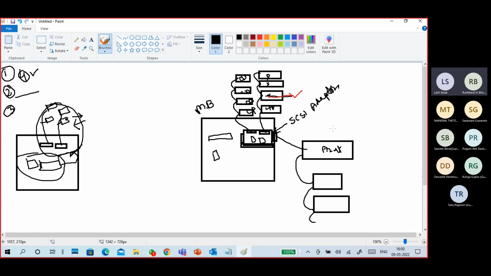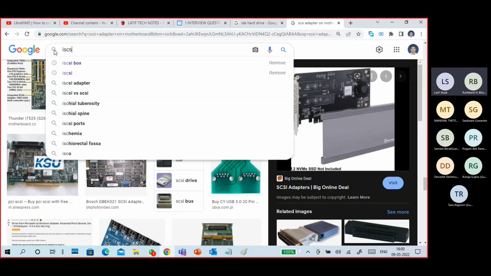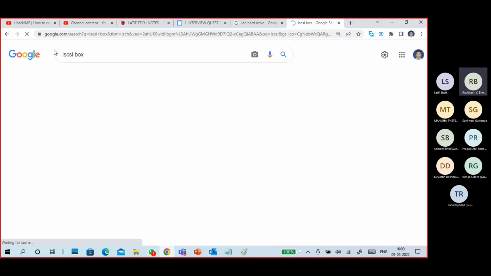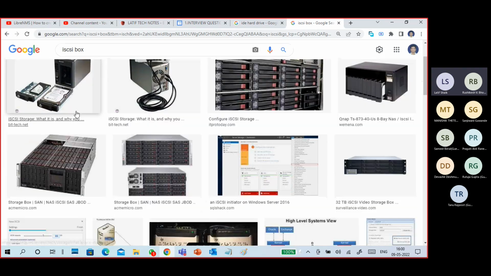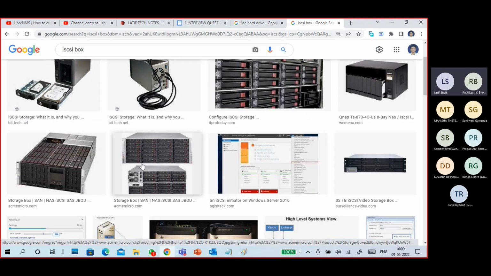Here, I want to show you an iSCSI box. Look, this is a simple SCSI box. It is a very simple box, with more boxes inside.